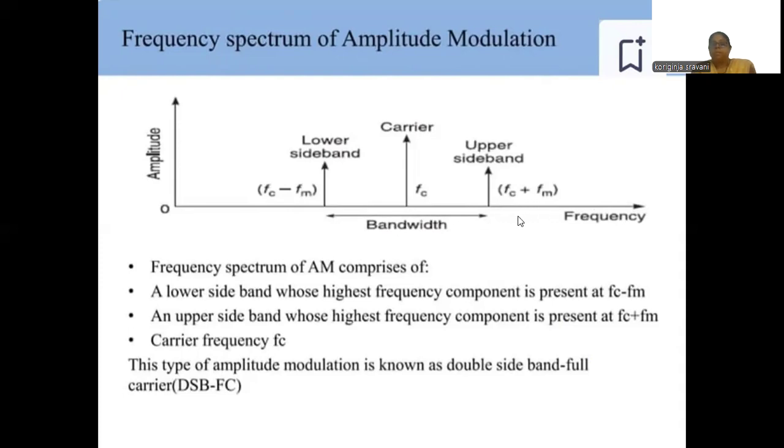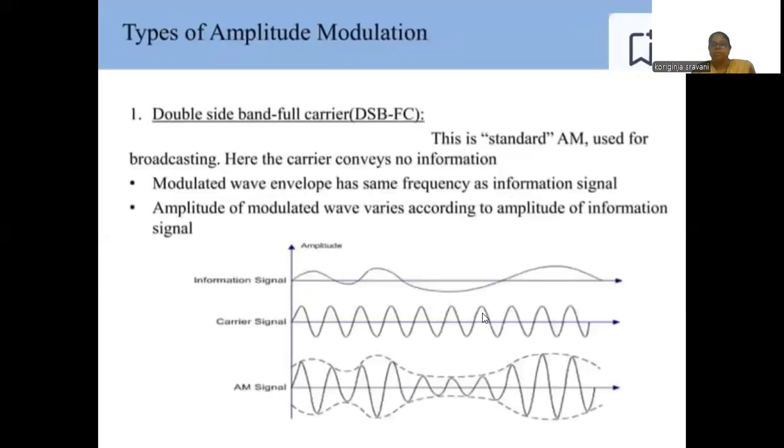By subtracting these two, we get the actual bandwidth of amplitude modulation, which is (Fc + Fm) minus (Fc − Fm). By doing the calculation, we get the total bandwidth as 2Fm. Again, we'll see the types of amplitude modulation techniques.